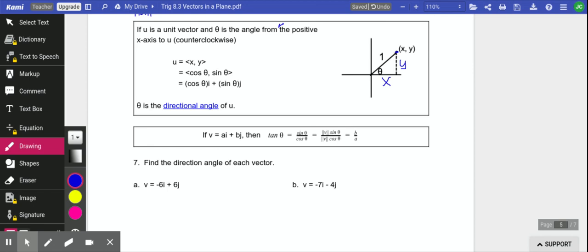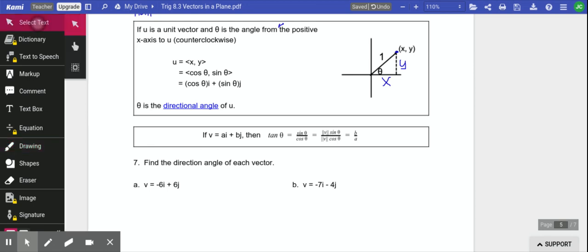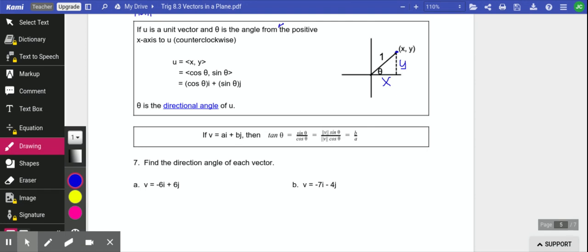So we can rewrite our vector xy as cosine theta, sine theta, and we can write that either in component form or linear combination. We call theta the directional angle of u. Okay, so it's just the angle that we're at.